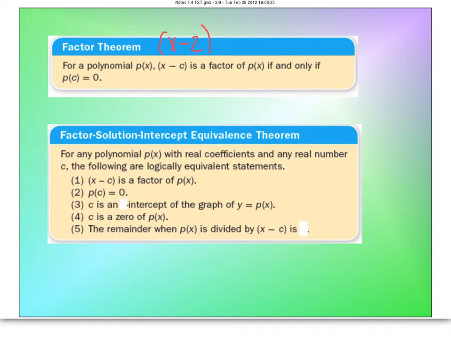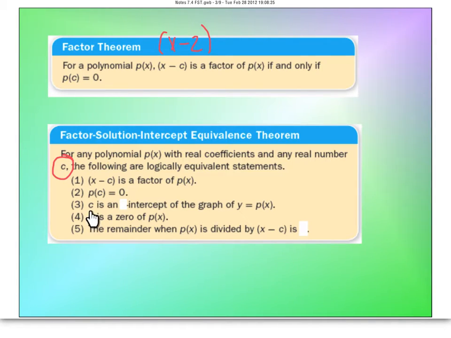Okay. Other important theorems about factors and zeros. If c is a zero of the function, then we know that x minus c is a factor of that function. We also know if this c value is an x-intercept or a solution, then if we put it into the function, it'll equal 0.